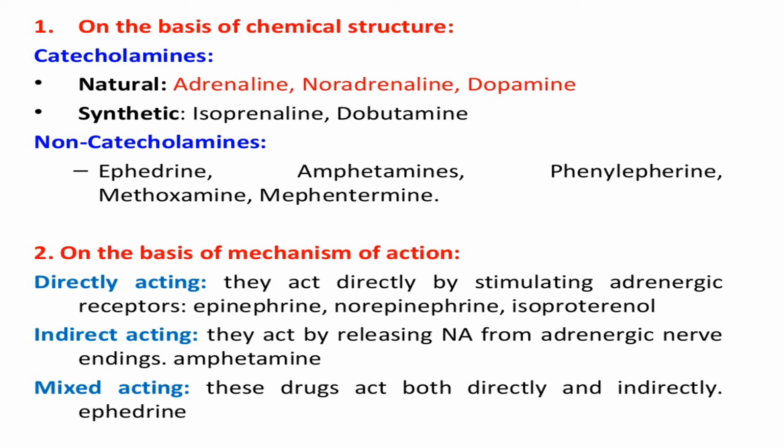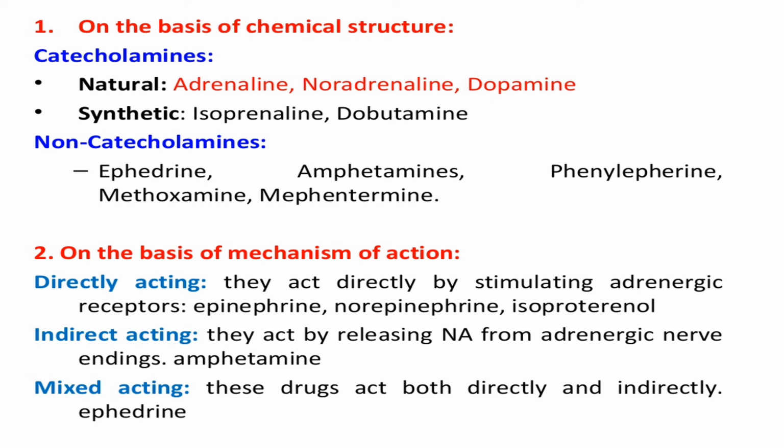And the synthetic ones, the ones that we synthesize in the laboratory, we have isoprenaline and dobutamine. Now, for non-catecholamines, or the ones that lack dihydroxy in their benzene ring, we have synthetic ones: ephedrine, amphetamine, phenylephrine, methoxamine, mephentermine. These are just some of the examples.